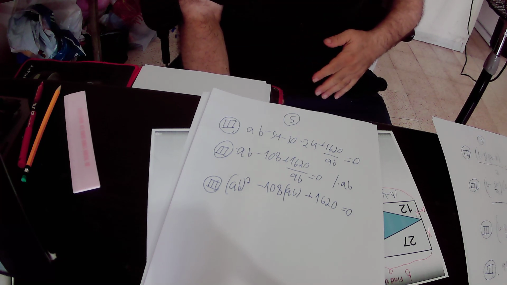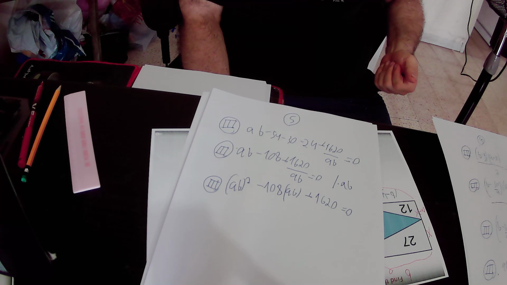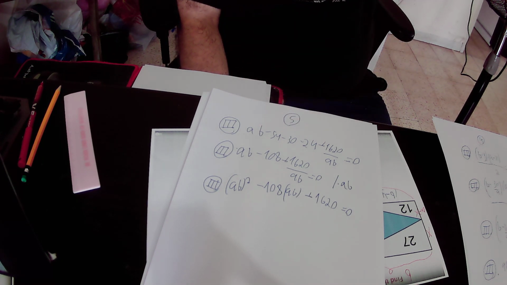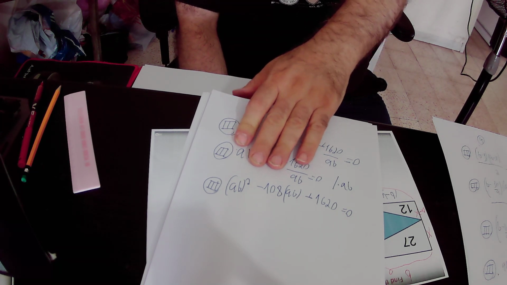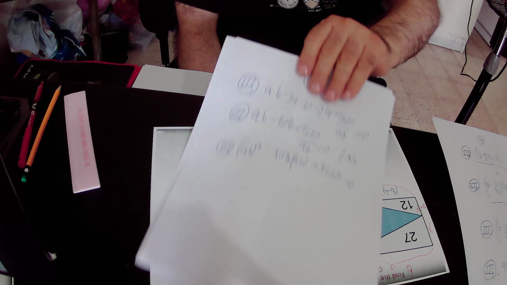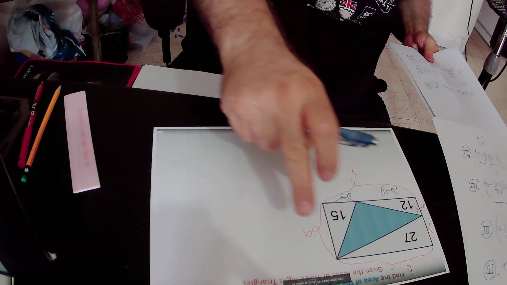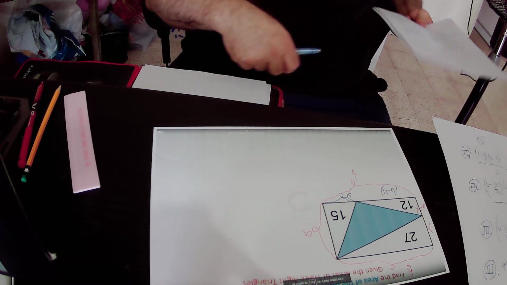So we got here a quadratic equation, and the variable in this quadratic equation is ab, and ab is the area of the rectangle.